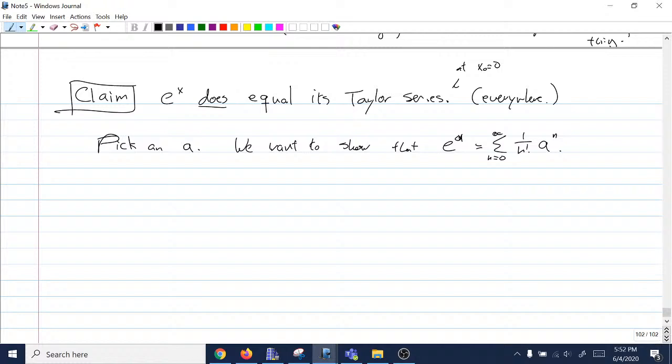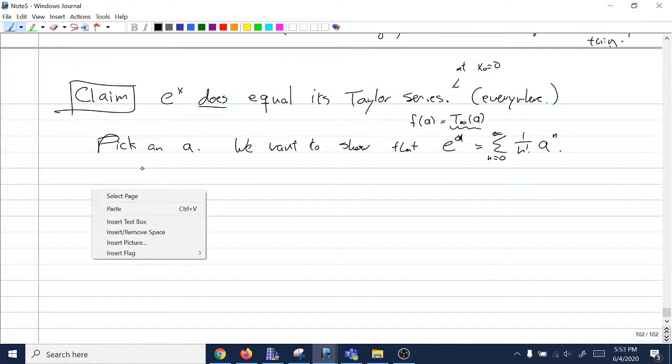We want to show that f of a is the Taylor series at a. I like using T infinity to represent the Taylor series. T sub n is take n terms of the series to get the nth Taylor polynomial. For the series, you want to use all infinity of the terms. So the sum from n equals 0 to infinity of 1 over n factorial a to the n. We want to show that.